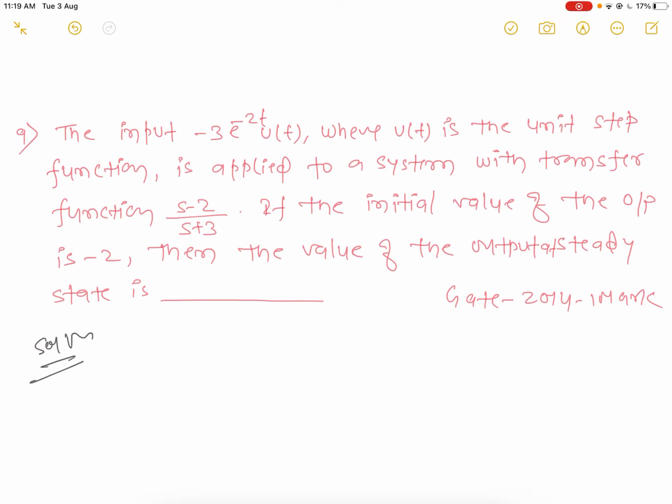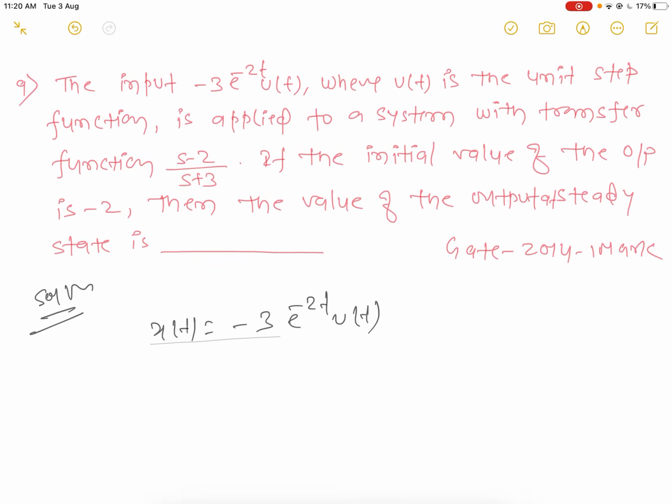Okay, here the input x(t) is given as minus 3 e to the minus 2t u(t), where u(t) is the unit step function, applied to a system with the transfer function given here. If the initial value of the output is minus 2, then find the value of the output at steady state.